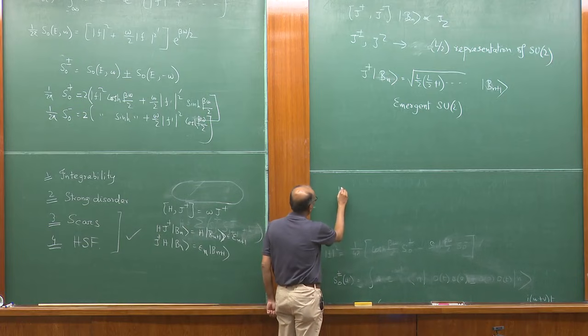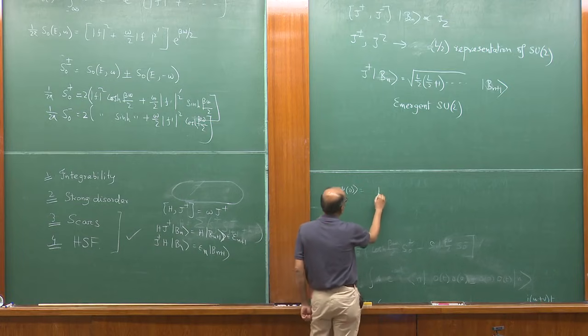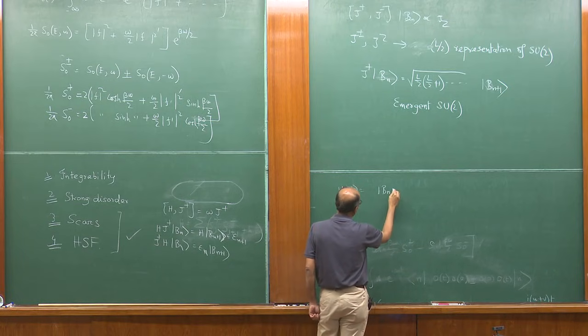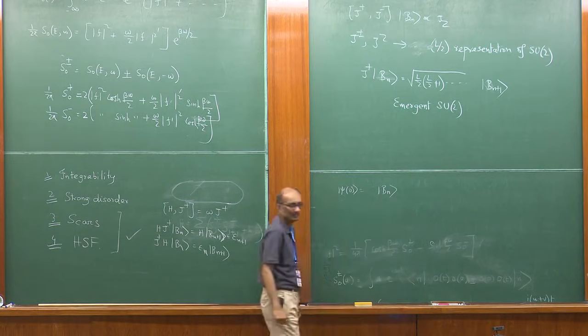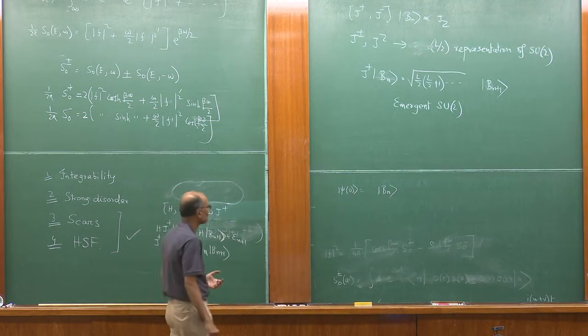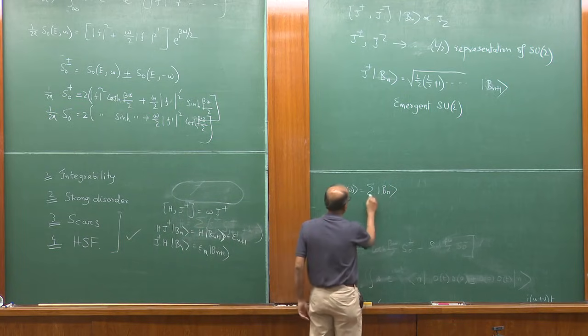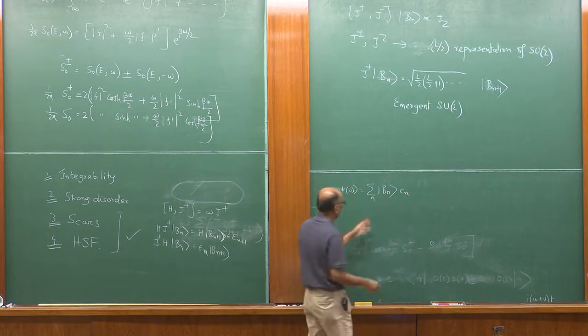So imagine that I have a psi of 0, which is like one of these Bn's, or maybe I can just take some Bn with Cn.